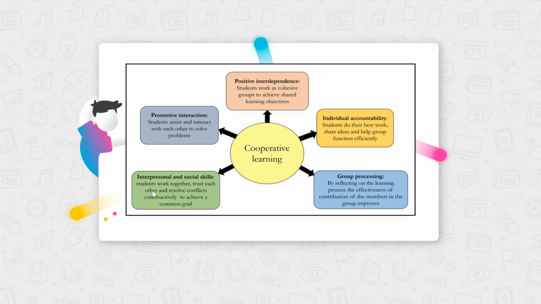Interpersonal and social skills. By adopting this strategy, a teacher can enhance the interpersonal and social skills of his or her students. Students work together, trust each other, and resolve conflicts constructively to achieve a common goal.